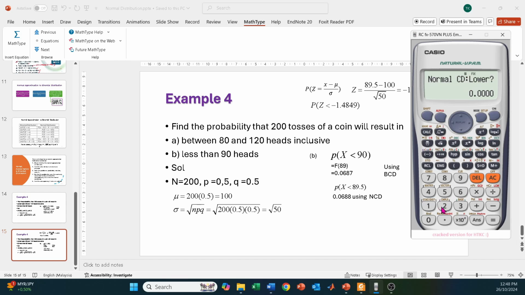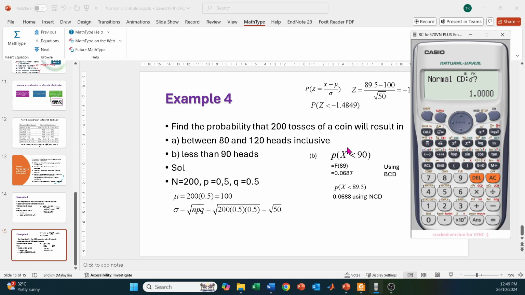The lower bound is negative 9 times 10 to the power of 99, because it is less than, and the maximum is negative 1.4849.